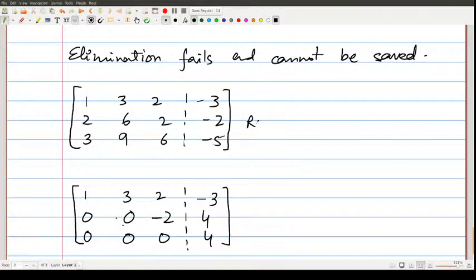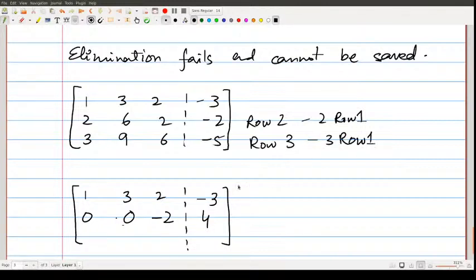And now when you do row 2 minus 2 times row 1, you get this row, and when you do row 3, let's do it and make sure that we're absolutely doing the right thing. So row 3 minus 3 times row 1. The first entry I get is 3 minus 3 times 1, which is 0. 9 minus 3 times 3, which is 9 minus 9, which is again 0.